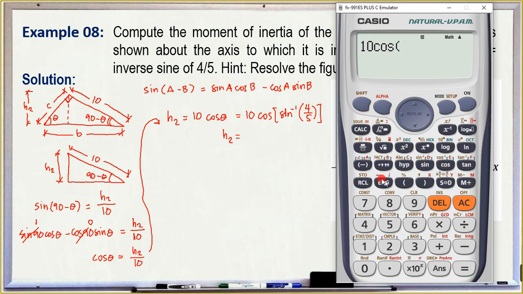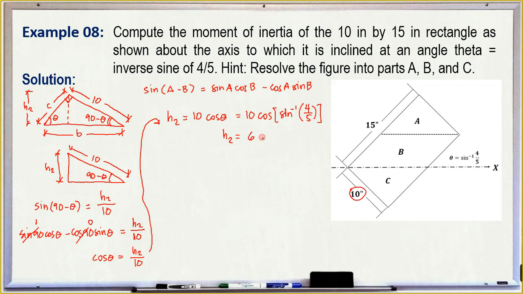So 10 cosine, shift sine, 4/5. Because again the output of this is in degrees. If it's in radian, it will be wrong, so degree it should be. That is equal to 6. So height 2 is equal to 6 inches.